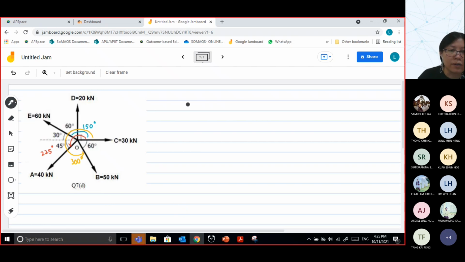Now let's move on. The forces, we have so many. Start with the first one, C, 30 kN. Then this one 20, 60, 40, and 50.